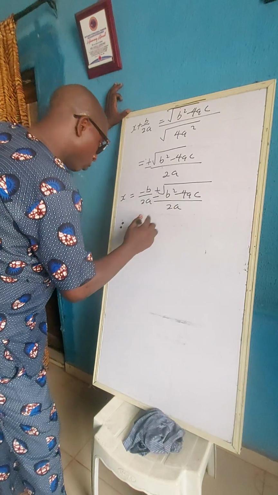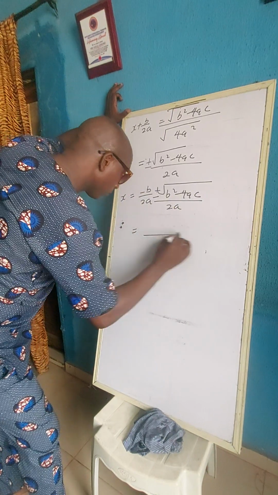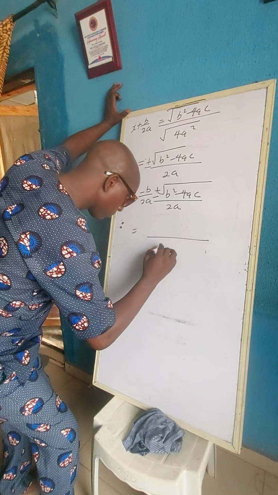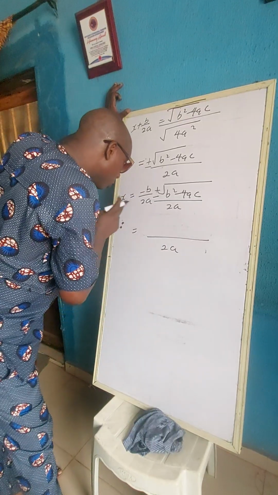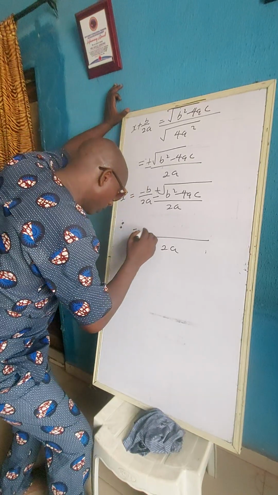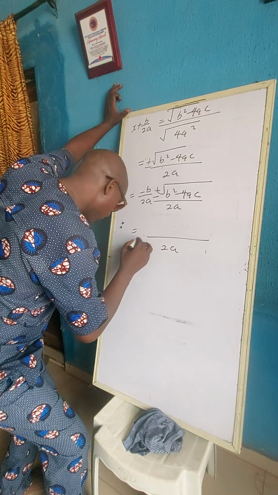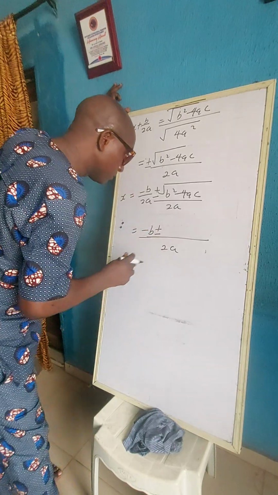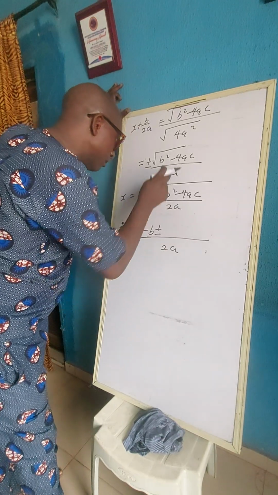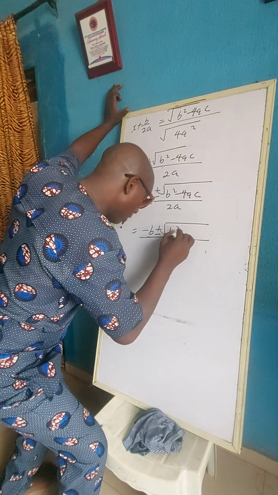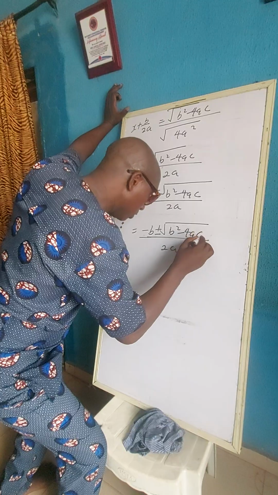The LCM is 2a. 2a in 2a, 1 times minus b, minus b plus or minus, 2a in 2a, 1 times this one, it becomes square root b squared minus 4ac.